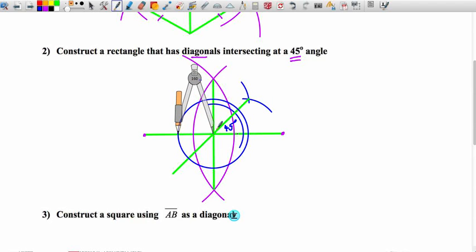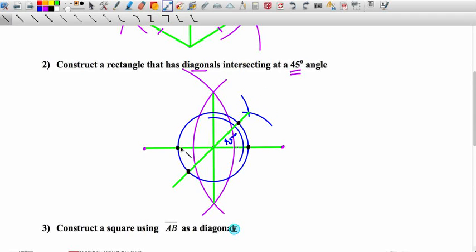Let me close that off. If I do that, then what I guarantee is that those are the four vertices of my rectangle. Those are congruent diagonals intersecting each other at 45 degrees.